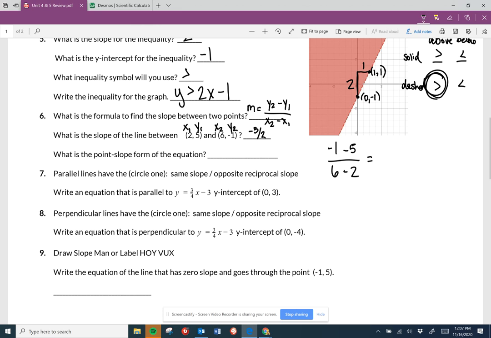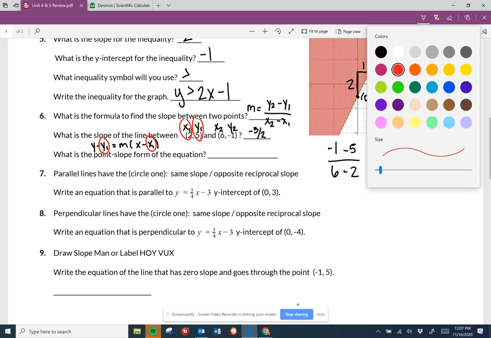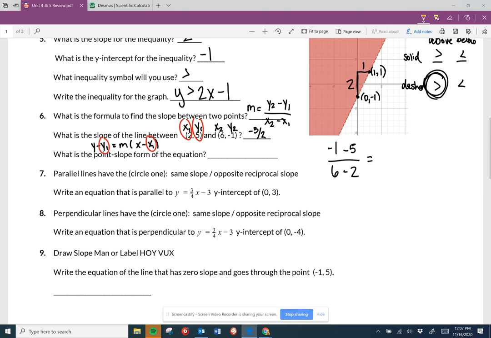So when it asks us what is the point slope form of this equation, don't forget point slope is y minus y1 equals m times x minus x1, okay? And we have our x1 and our y1 because we found those in our first point. So we already have our x1 and our y1, and then we just now did the work to find our slope, right?